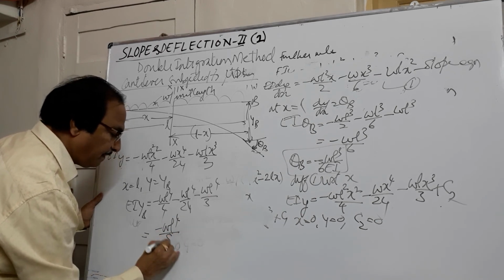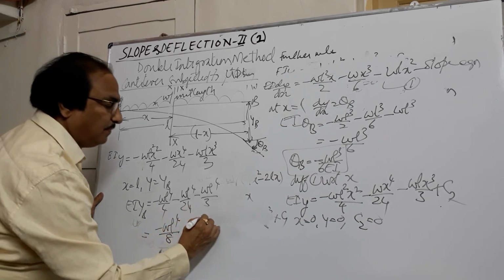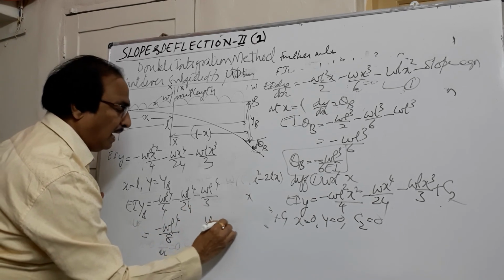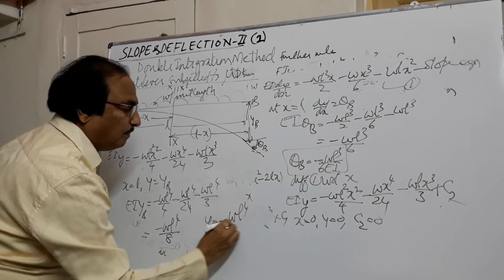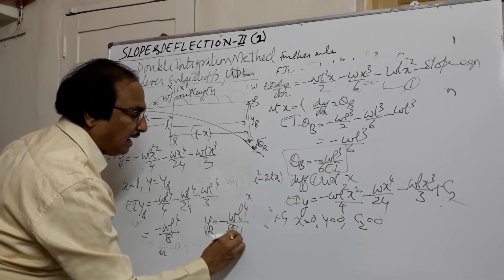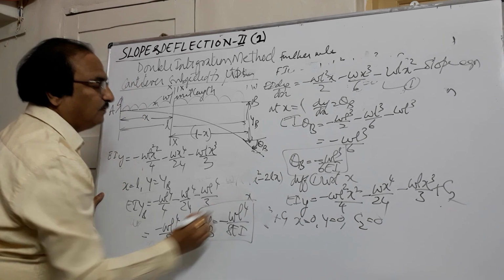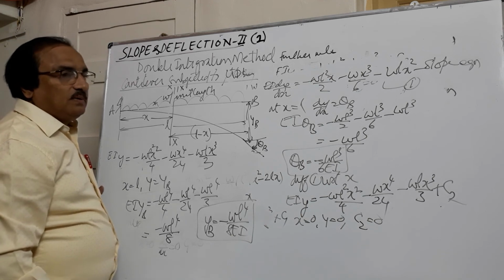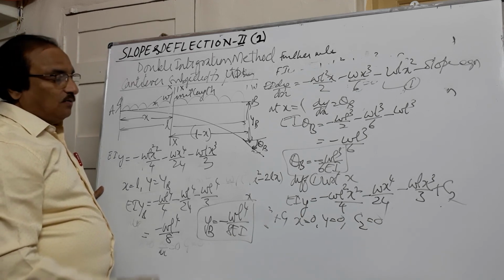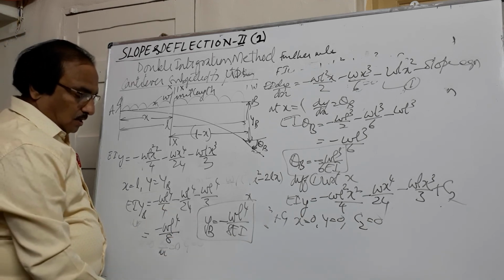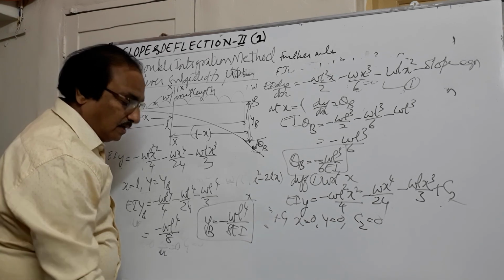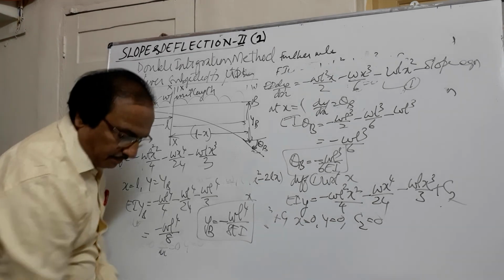So YB will be equal to minus WL4 by 8EI. So this is the deflection of the cantilever beam when it is carrying the UDL for the whole length of the beam.